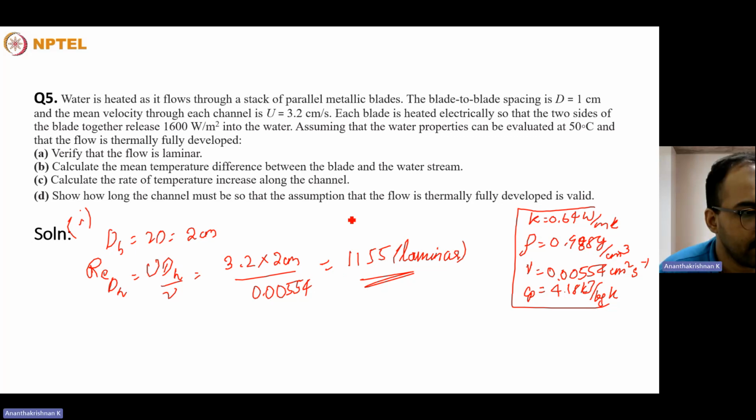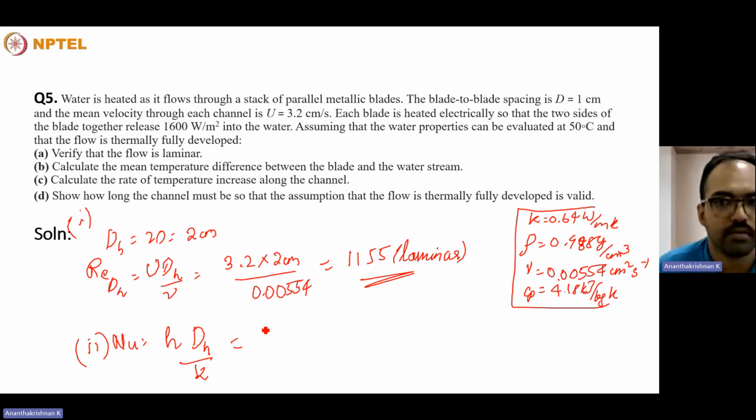The Nusselt number is equal to h times hydraulic diameter divided by K. It's a flow between two parallel metallic plates, and it's a fully developed condition.